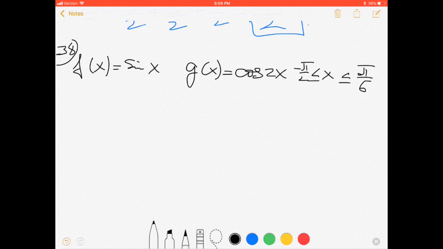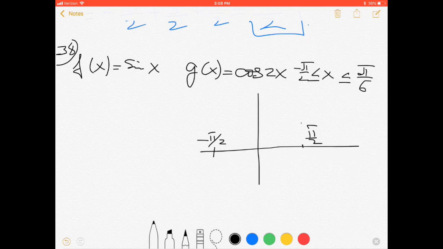If you're looking at the graphs, at 0 it will be cosine 2x. What will happen with sine x? If here we have negative pi over 2, pi over 2, 0, here we have 1, negative.